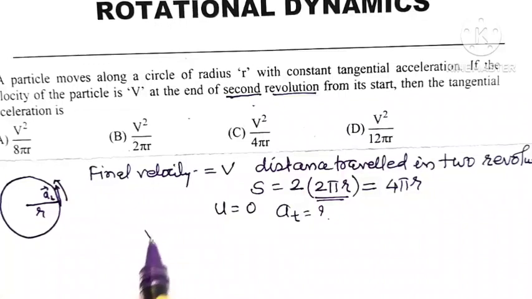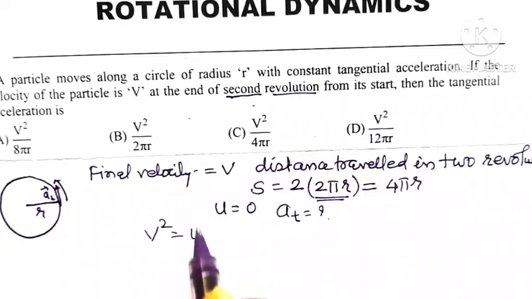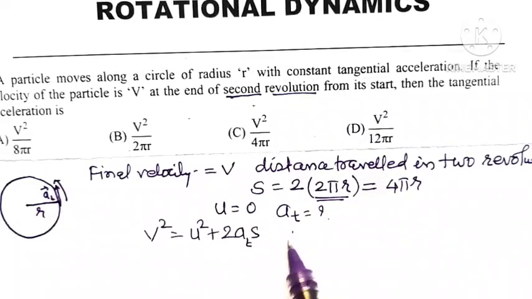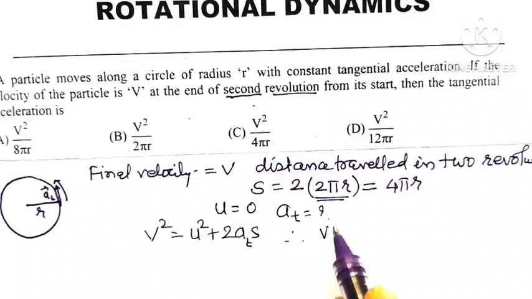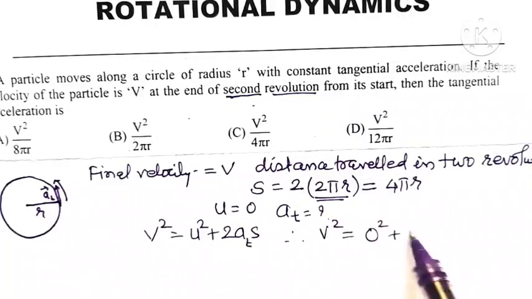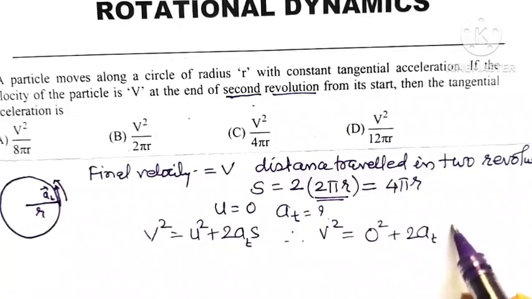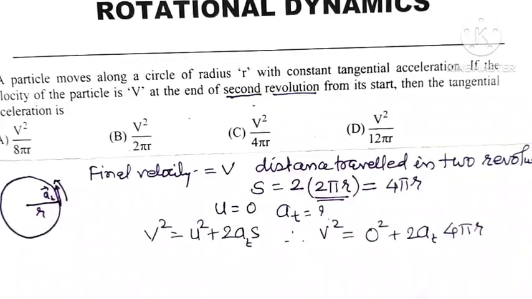According to the kinematic equation, v squared is equal to u squared plus 2 a s. Here a is the tangential acceleration. The final velocity is v, so v squared is equal to 0 squared plus 2 into tangential acceleration into displacement, which is 4 pi r.